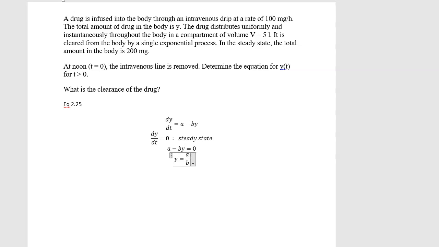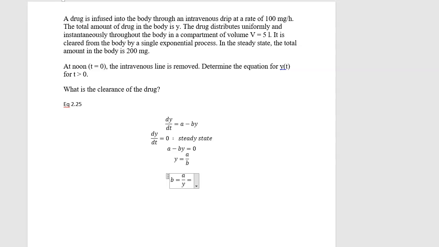Well, we know Y. Let me just solve this differently, because what we don't know is b, the decay rate. b is A over Y. Well, we know what Y is at steady state. Y at steady state is 200 milligrams. What is the amount that's being put in?